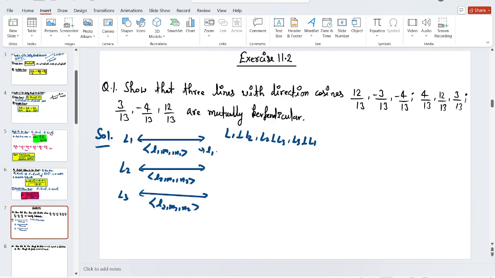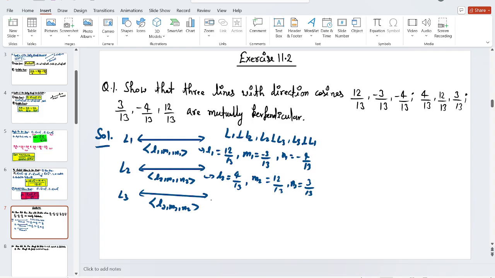So what are l1, m1, n1? Here l1 equals 12 by 13, m1 equals minus 3 by 13, and n1 equals minus 4 by 13. Here l2 is equal to 4 by 13, m2 equals 12 by 13, and n2 equals 3 by 13.